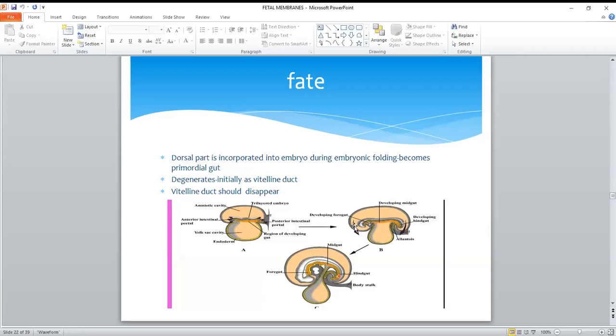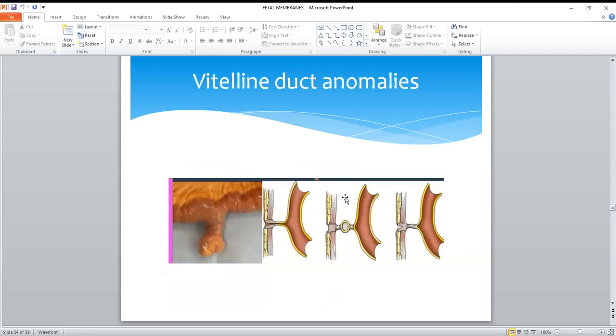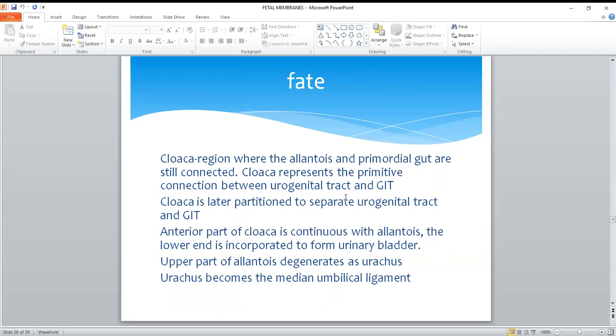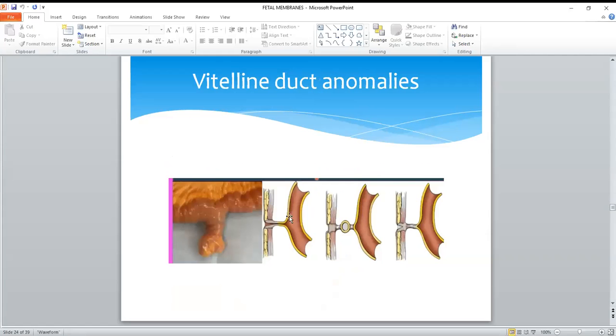Let me go to a picture. Let me start with these pictures before reading the story. Here we have the abdominal wall, and then we have the vitelline duct.